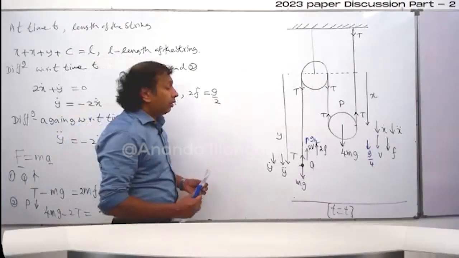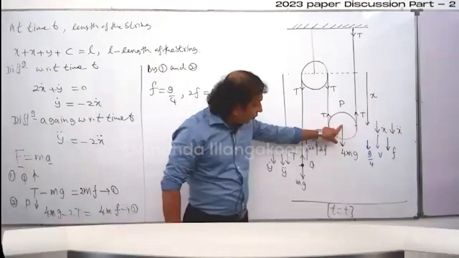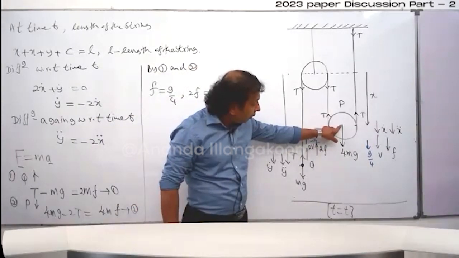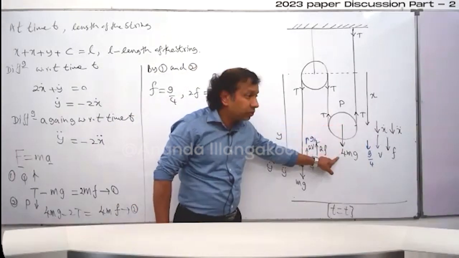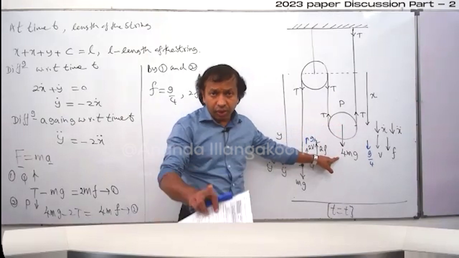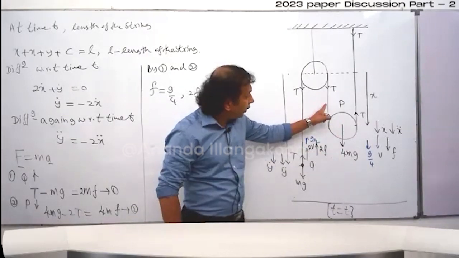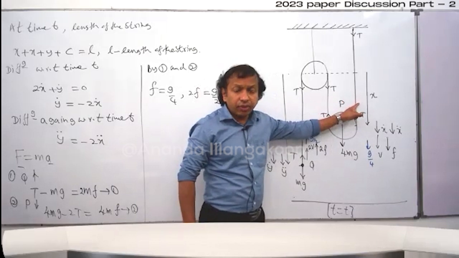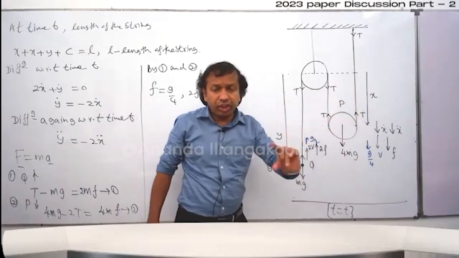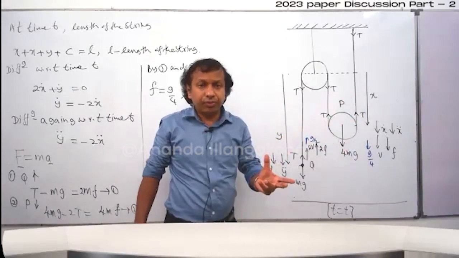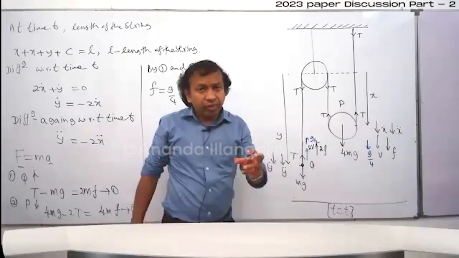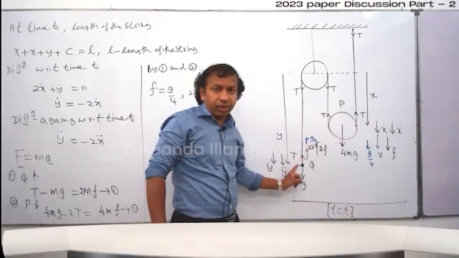Now, when this particle P moves, suppose 1 centimeter downward, this side and this side, the spring going downward 1 centimeter, 1 centimeter, 2 centimeters. Right? That 2 centimeters is gained on this side.